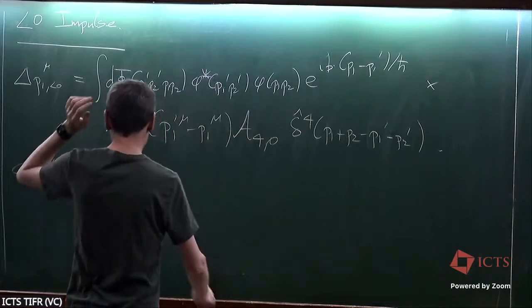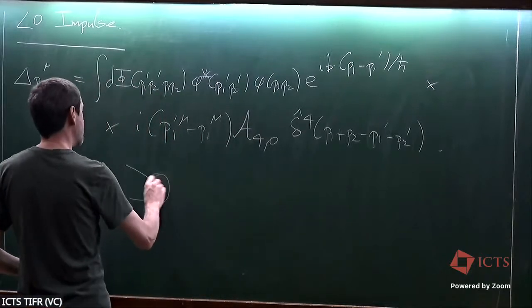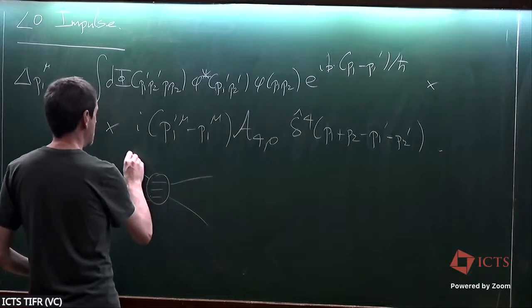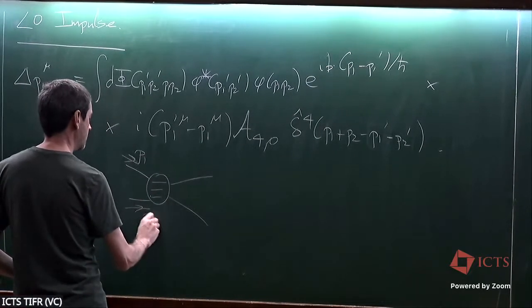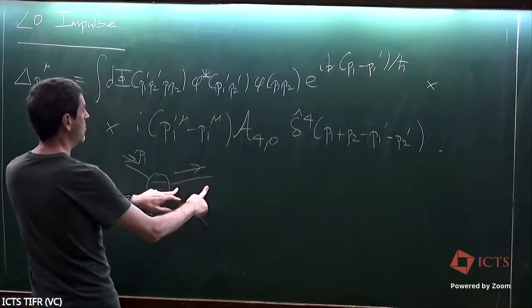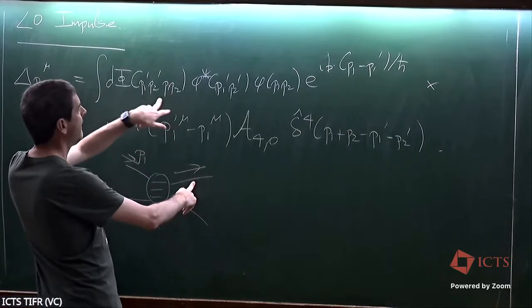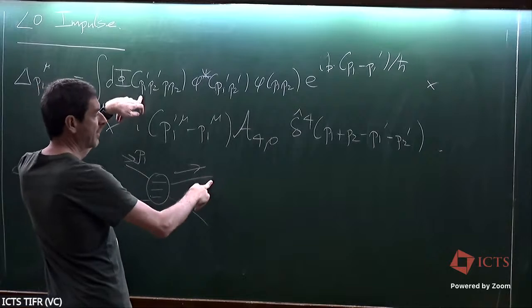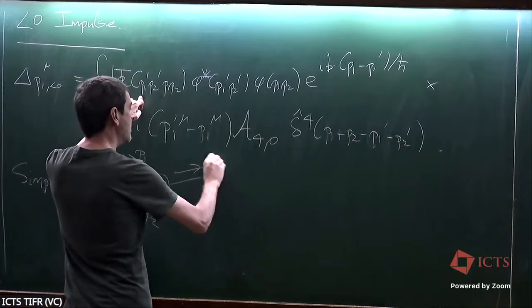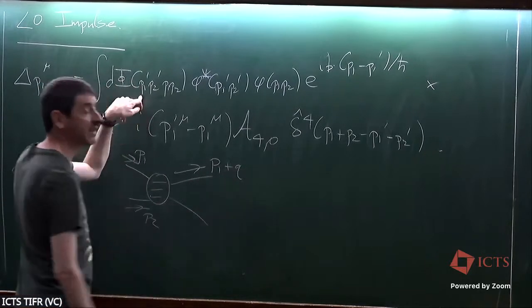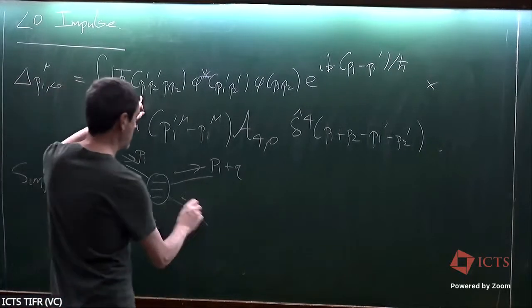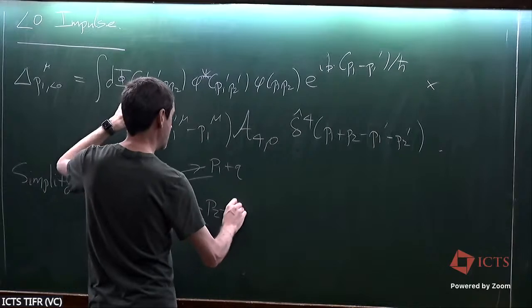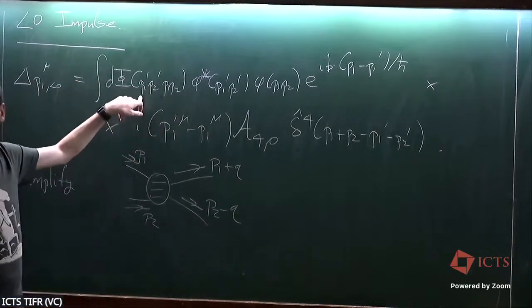The picture is going to be that the particles come in, with the caveats we've already discussed, with momentum P1, P2. So far I'm thinking about this outgoing particle as having momentum P1 prime, but I'm going to choose that its momentum is given by P1 plus Q. Q is going to be a variable of integration. And then by momentum conservation, this guy is going to have momentum P2 minus Q.